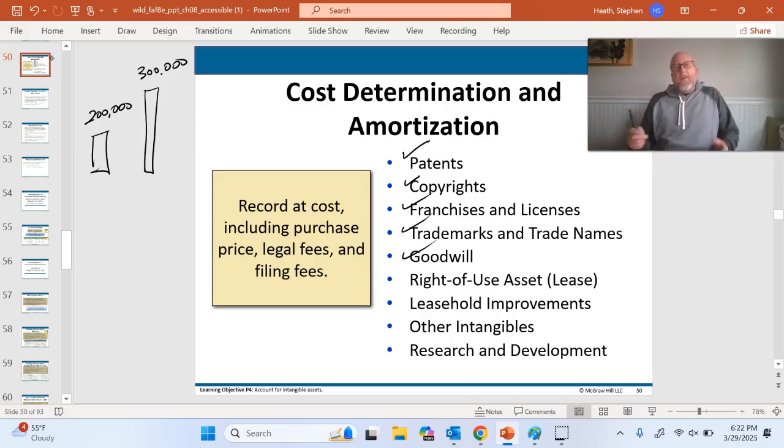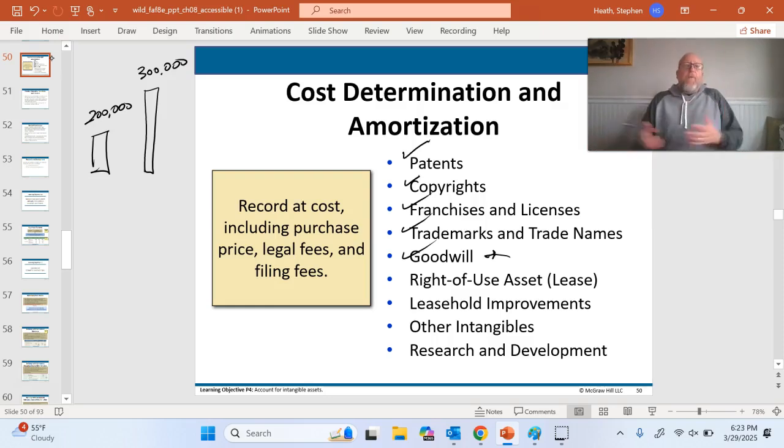The difference between the purchase price and all the value of all the physical, tangible assets, that $100,000, if you can't identify the intangible asset, right, like copyrights or franchises or patents or trademarks, then you would lump that $100,000 as goodwill.